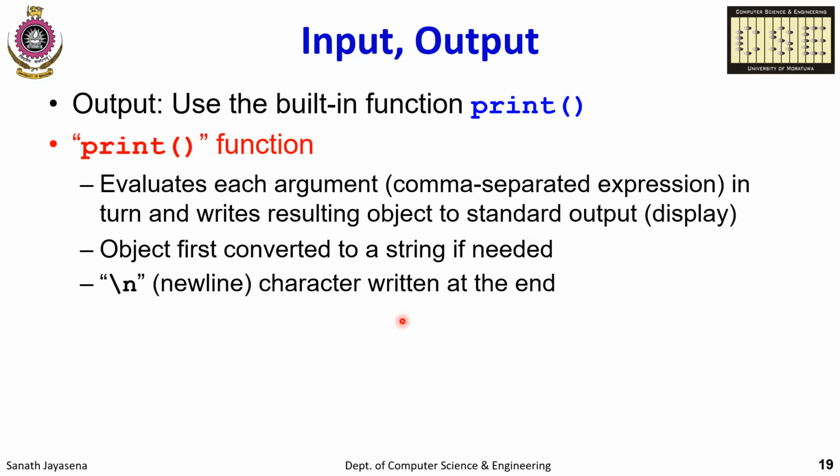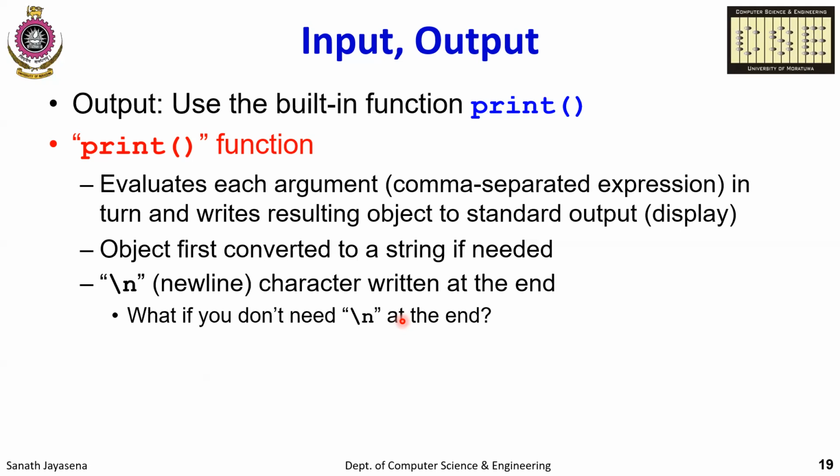So new line means basically the cursor will be taken to the beginning of a new line after all the values are displayed. That is the standard behavior. Or sometimes you may just want to display the list of items in the print function, but you don't want to go to the next line.